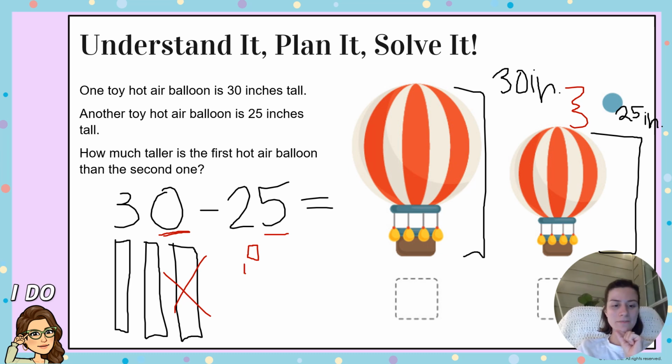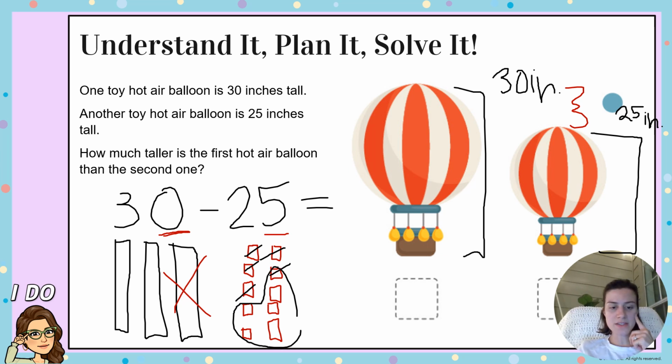Ready? 1 one, 2 ones, 3 ones, 4 ones, 5 ones, 6 ones, 7 ones, 8 ones, 9 ones, 10 ones. I'm taking away 5 ones, right? So let's do that. 1 one, 2 ones, 3 ones, 4 ones, 5 ones.